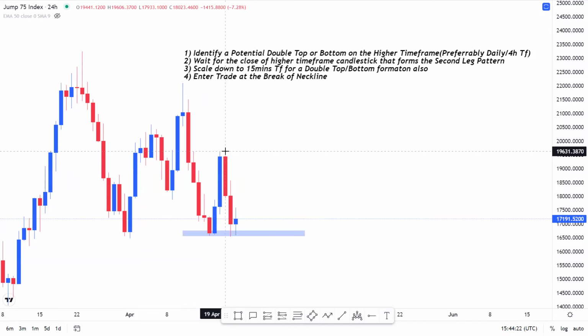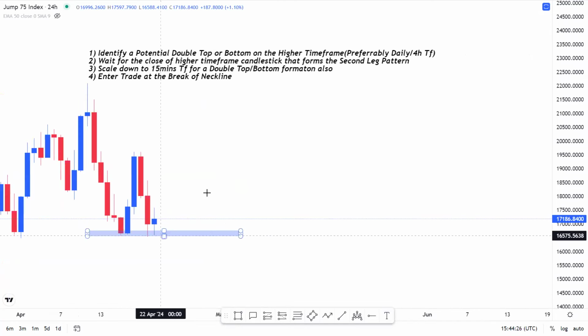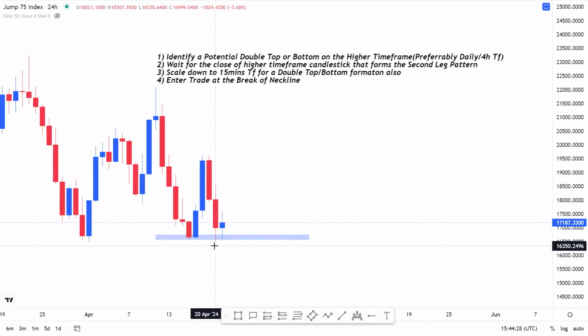We had a price rally from that level, and then we traded back again a second time to the level where we had the second leg of our potential double bottom pattern. And then, like I said, I always love to see during the formation of the second leg that price closes as a rejection from the level.